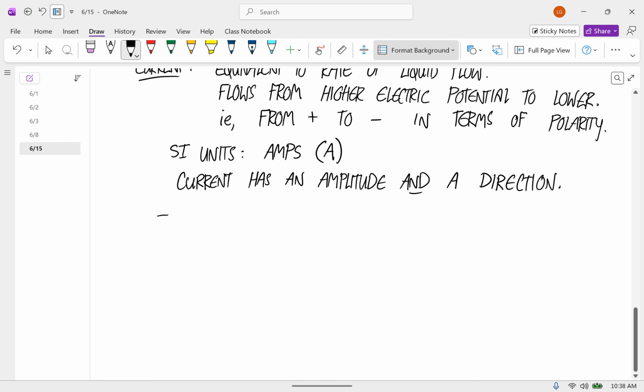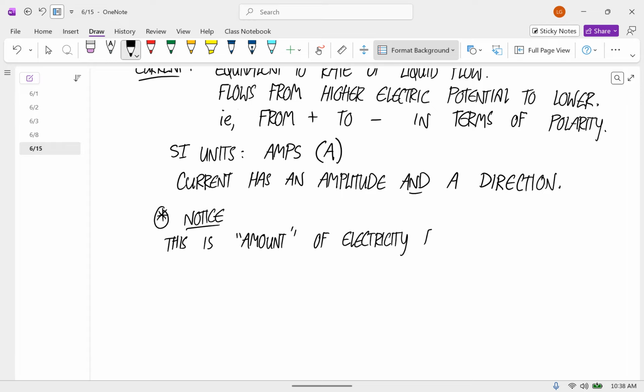Okay, so what I want you to keep in mind when you think about current, notice that current is the amount of electricity flow. And so this is what we're going to need to control to power devices.